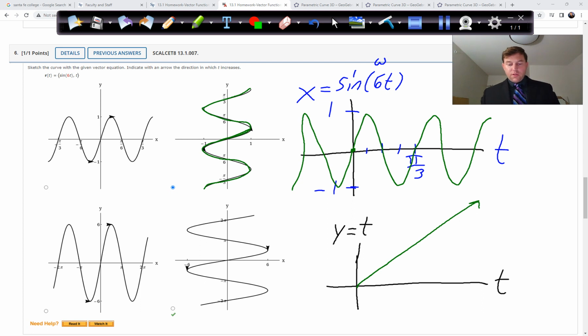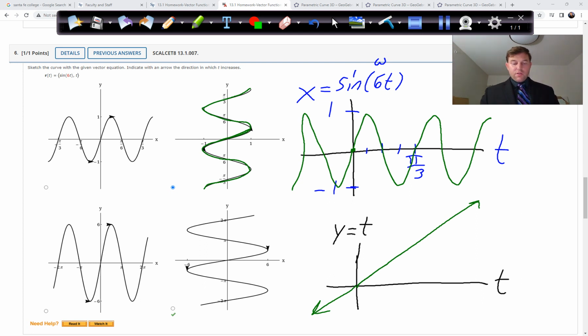So your x value is going to continually bounce between -1 and 1, but your y value is just going to get bigger and bigger and bigger. And it's going to be negative too, so I can go this way. So it's reflected here. So when time is negative pi over 3, your y value is negative pi over 3.